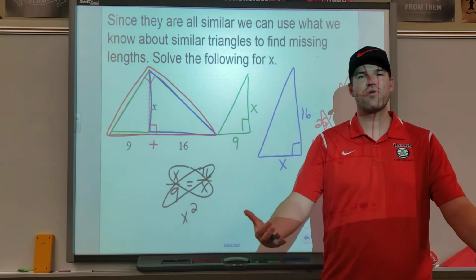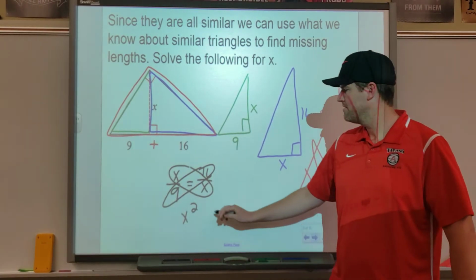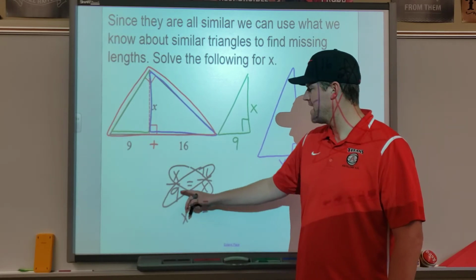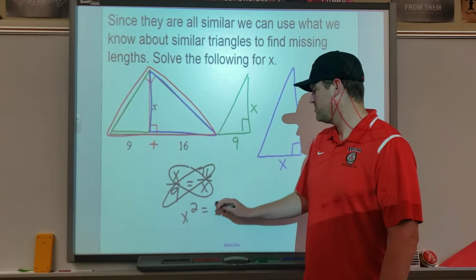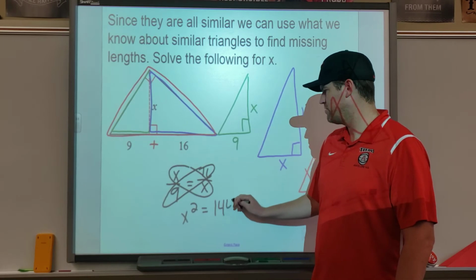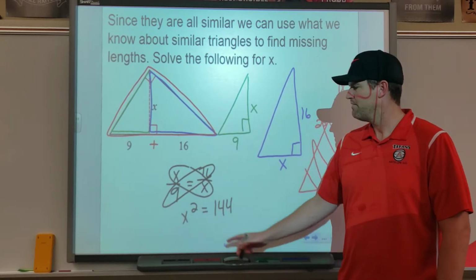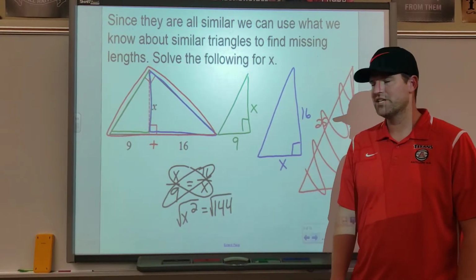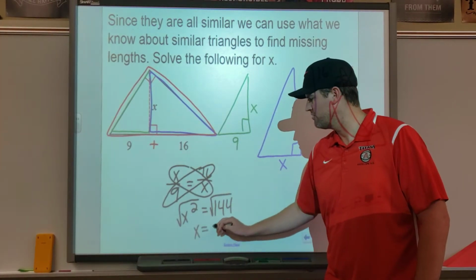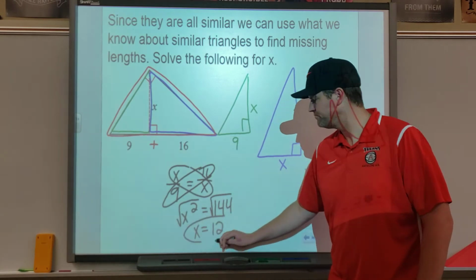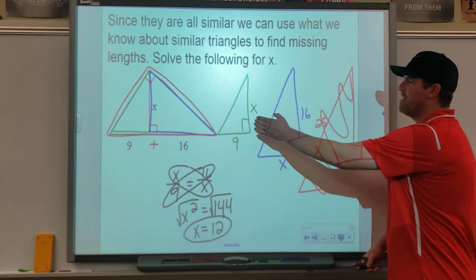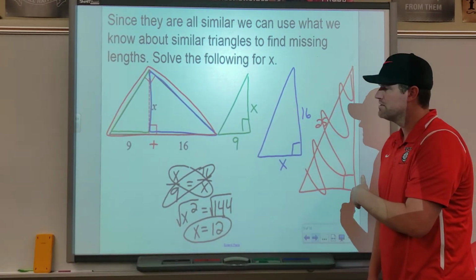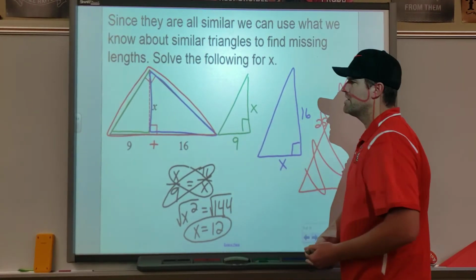Hey, we're going to take a square root. That's part of the geometric mean. So x is actually going to be the geometric mean of 9 times 16, which is 144. And finally, to get x by itself, we'll take the square root, and x equals 12. So again, we draw out the triangles, we label the pieces of the triangles we know, and then we set up a proportion and solve.